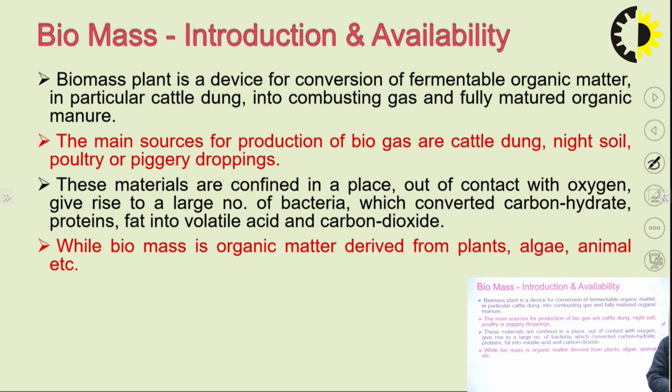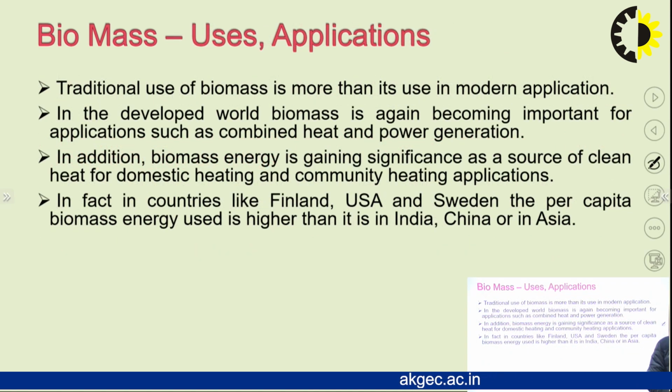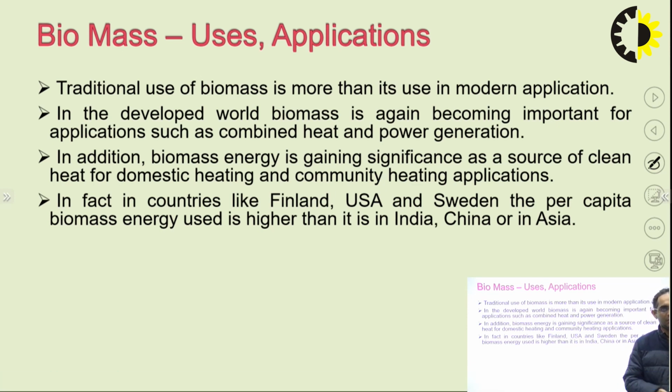While biomass is organic matter derived from plant, algae, animals, etc. Then traditional use of biomass is more than its use in modern application. In the developed world, biomass is again becoming important for applications such as combined heat and power generation, and in addition biomass energy is gaining significance as a source of clean heat for domestic heating and community heating applications.